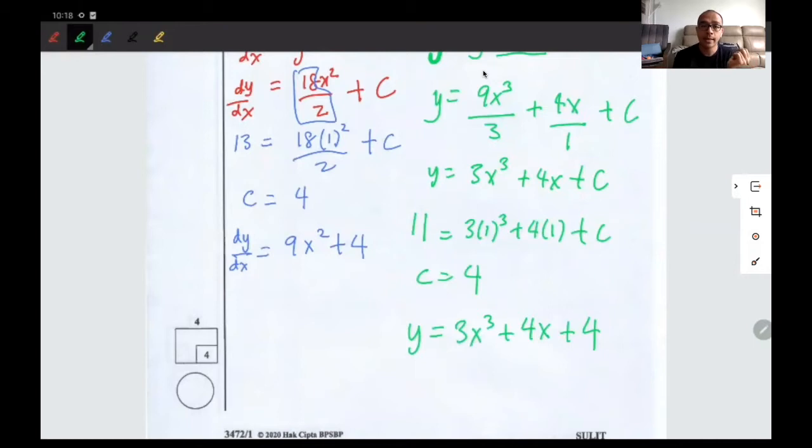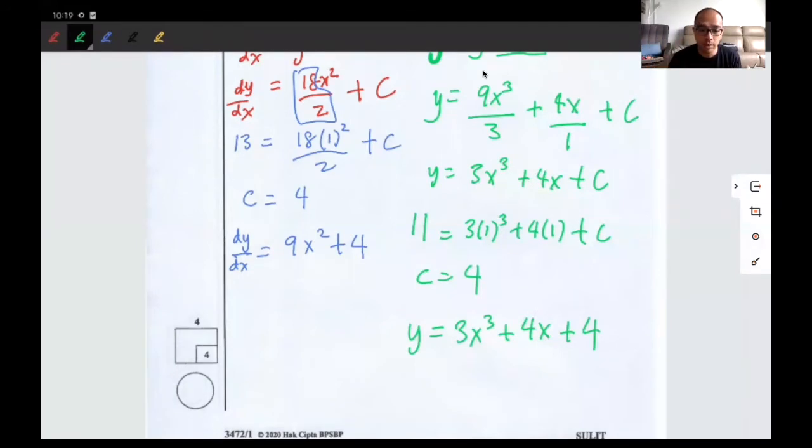So, yeah, maybe the difficult part about this question is just understanding what needs to be done. Tetapi kan the basic skill is just integration cari C. Integration cari C kan, that's the basic skill. Okay, and actually everybody has learned this basic skill. Just whether we remember lah.